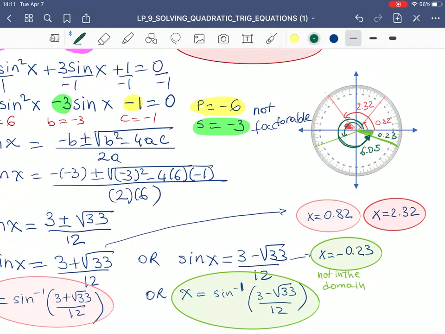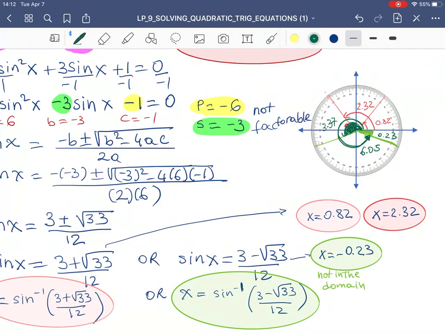So the first solution will be 6.05 radians. The other solution will be this one here. Okay, so this angle here would be pi radians plus 0.23. And pi radians plus 0.23 would equal 3.37 radians.